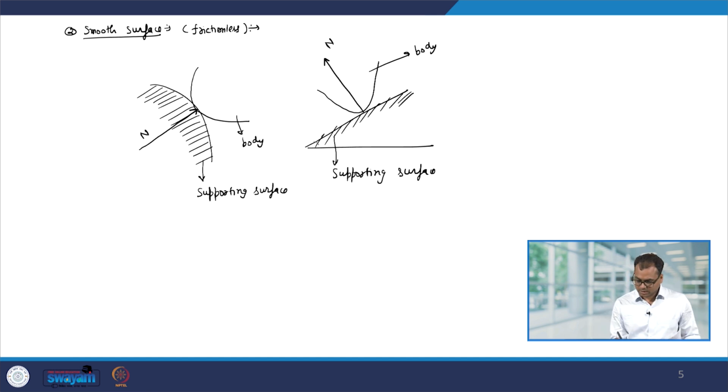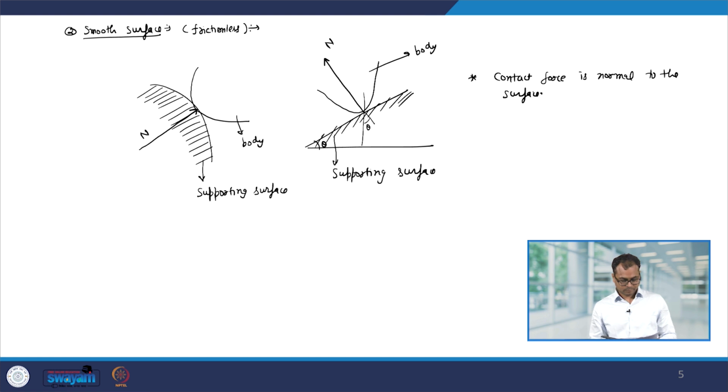Okay. And we can see that if this angle is theta, then this angle will also be theta. So, let me write here that the contact force is normal to the surface, the supporting surface.